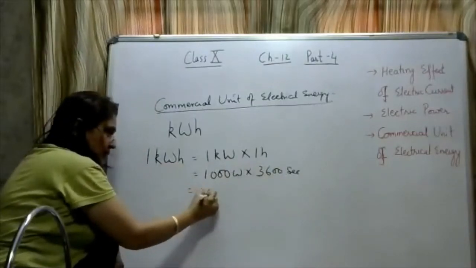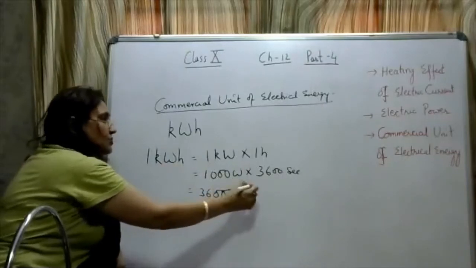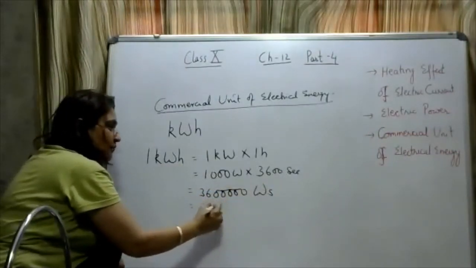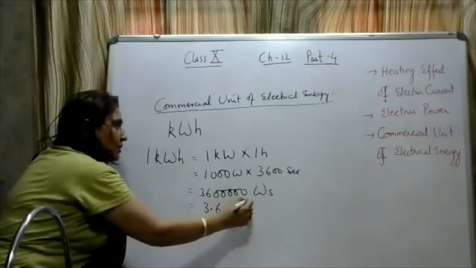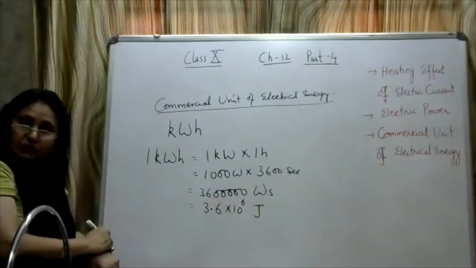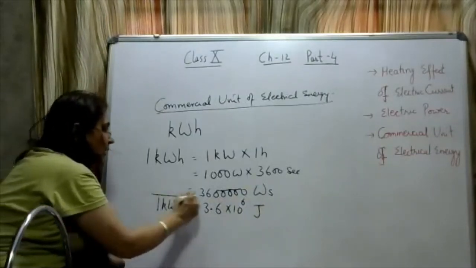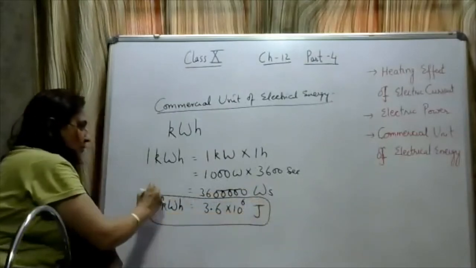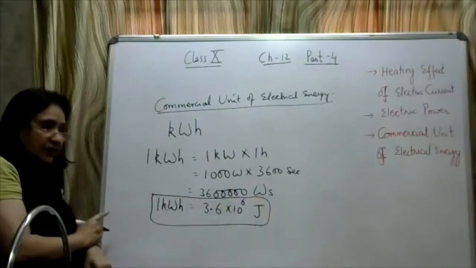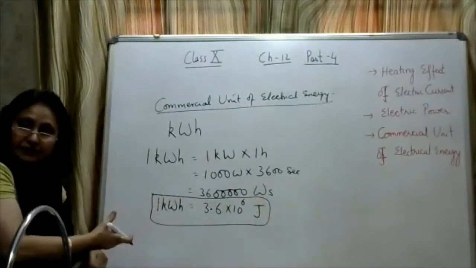So it is equal to 36 followed by 5 zeros watt into second, which can be written as 3.6 into 10 raised to the power 6 watt second, that is joule. So 1 kilowatt hour is equal to 3.6 into 10 raised to the power 6 joule. Joule is the SI unit of electrical energy, and kilowatt hour is the commercial unit of electrical energy.